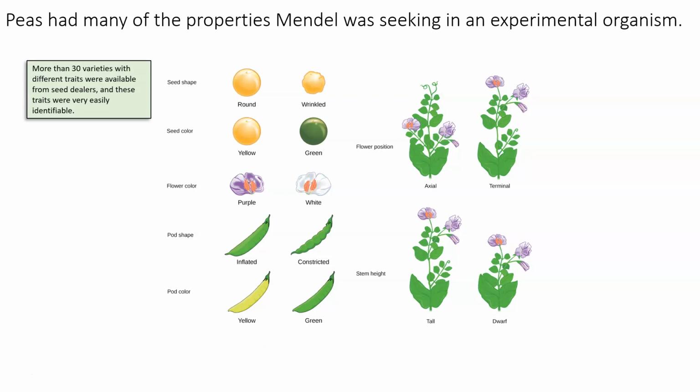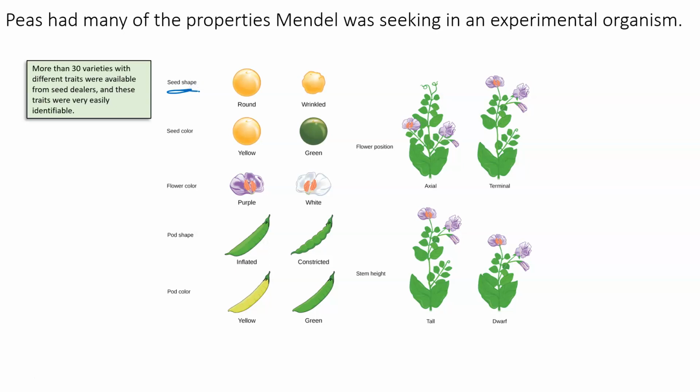There were 30 different varieties with different traits that were available from seed dealers at the time. And not only were there a variety of seed varieties, the seed varieties exhibited a great diversity of very easily identifiable traits. When you looked at peas, there were peas that differed in their seed shape.